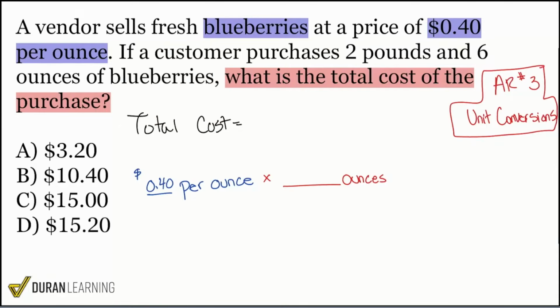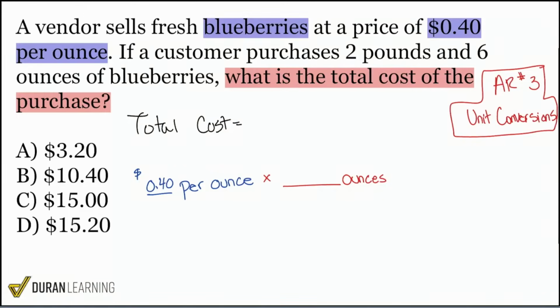If this is where you got confused, doing that conversion, this is where you're going to want to pay attention. Again, 40 cents per ounce. The per ounce means multiply by ounces to get the total cost. The cost per ounce times ounces gets you total cost.